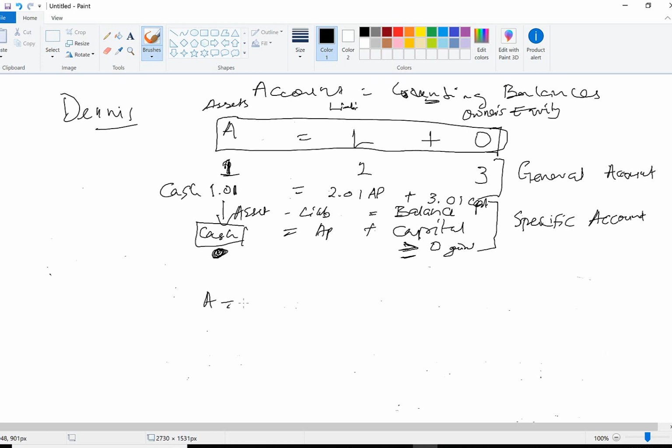The balance sheet, A is L plus O, and it's only balanced when this is no loss, no gain. This is a gain.